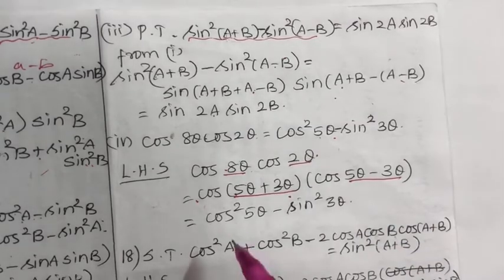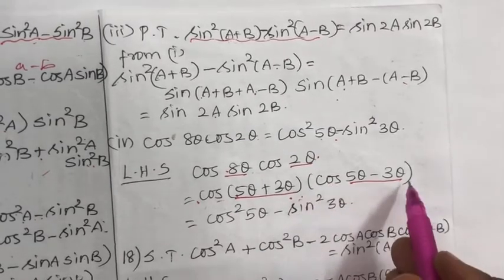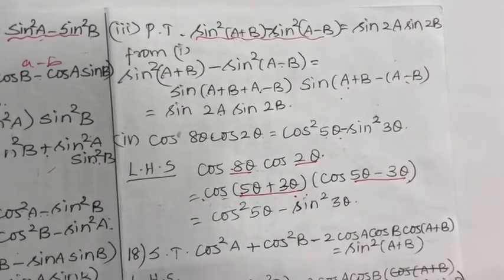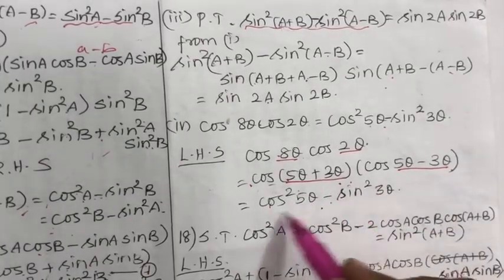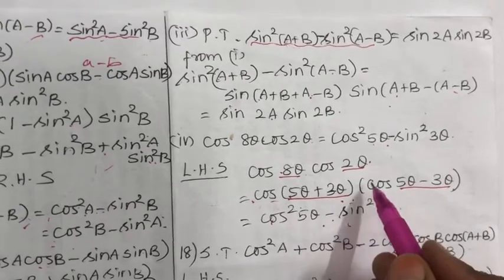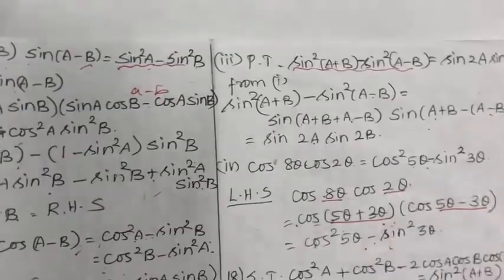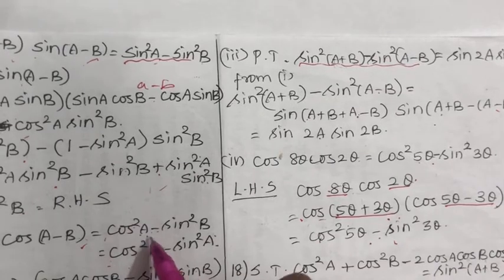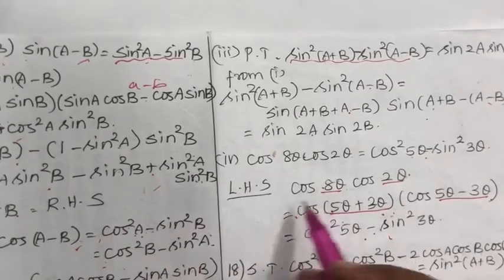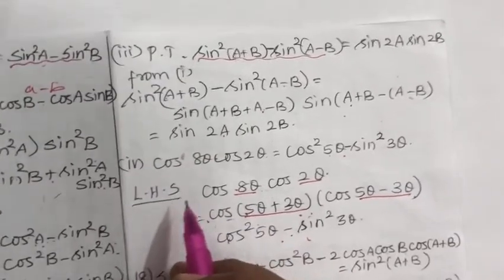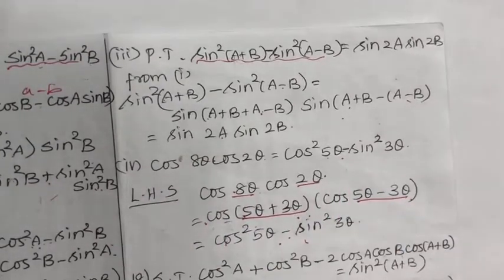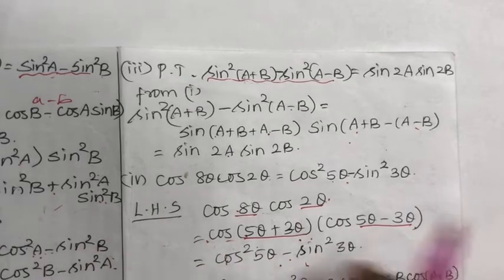So cos(A plus B) cos(A minus B) we can write as cos square 5 theta minus sin square 3 theta. So cos square A minus sin square B, our A is 5 theta and B is 3 theta. So to prove this fourth result, we are using our second result.